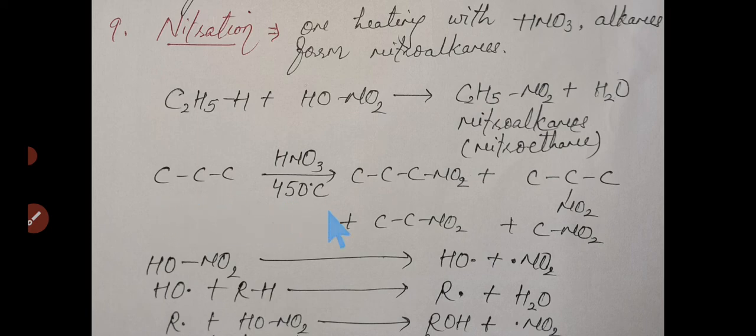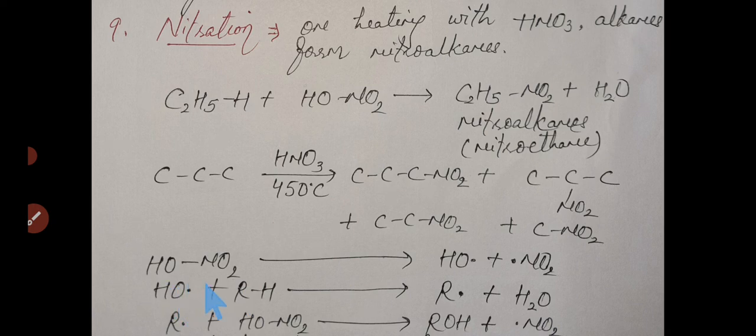Propane, when it reacts with nitric acid at 450 degrees Celsius temperature, a mixture of all possible lower nitroalkanes is produced: 1-nitropropane, 2-nitropropane, nitroethane and nitromethane. A mixture of all these products has been obtained.